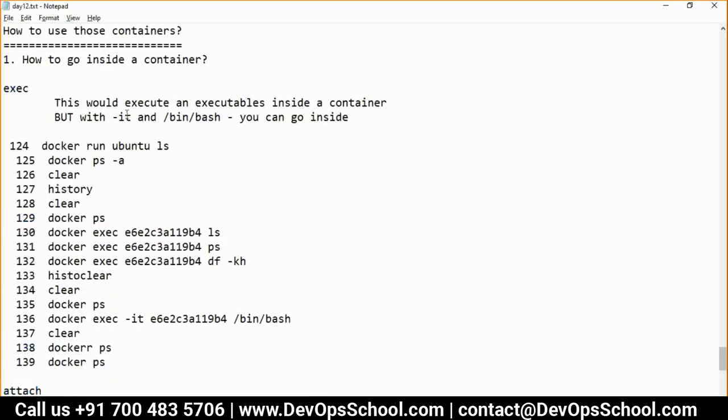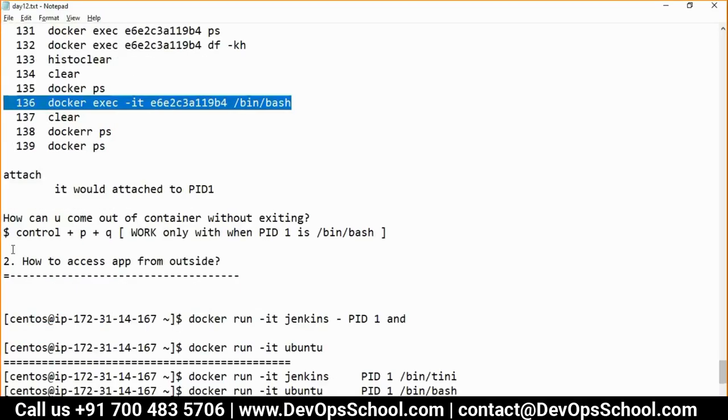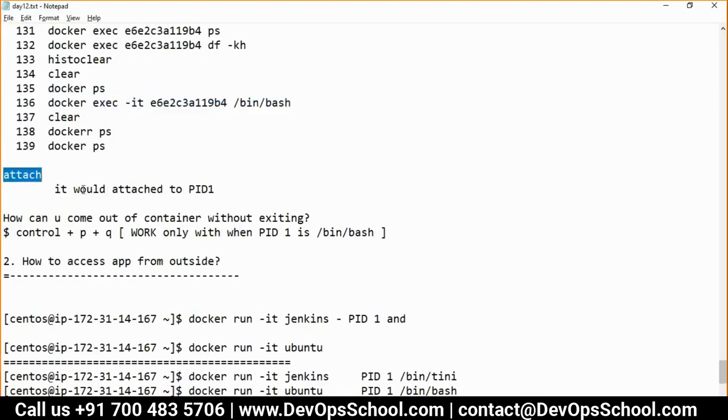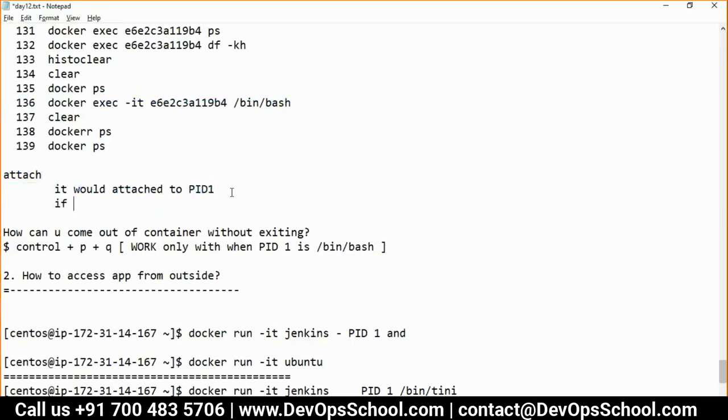With exec, you have to interact with a bin bash to go inside a container. Here is the command. For attach, when you attach, you go inside the container, it will get attached to PID1, and if PID1 is bin bash, you are human, you can work with it.